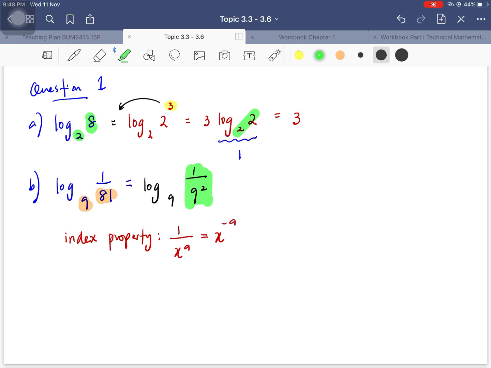So when you have the power underneath, when you bring that up, it is going to become negative. That's what happened over here. So I'm going to use that property. This is going to become log base 9 of 9 to the power of -2. Previously it was a value of 2. When I bring it up, it's going to be a value of -2.